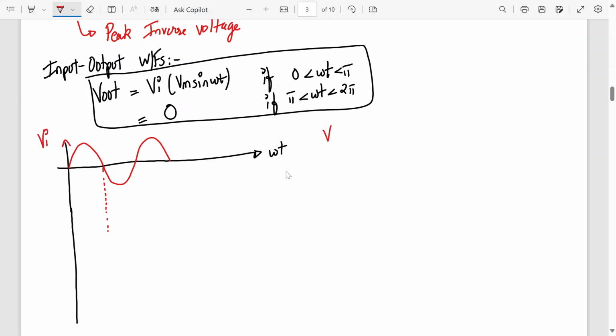But what is Vi? Secondary voltage of transformer. This is pi, this is 2 pi, and this is 3 pi.